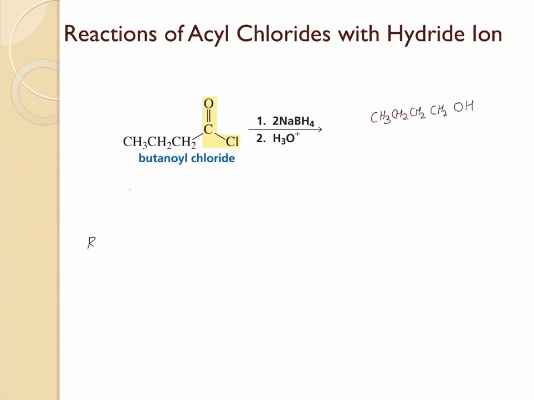To begin with, you have this acid chloride. It's going to first react with the first hydride ion. The hydride ion will make a nucleophilic attack on this electrophilic carbon, thrusting these electrons onto oxygen to give this tetrahedral intermediate. Now this tetrahedral intermediate has got a leaving group. This is a weak base, and therefore it is ready to leave as these electrons come in.